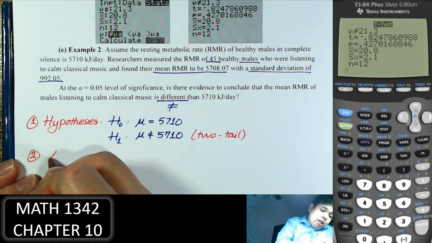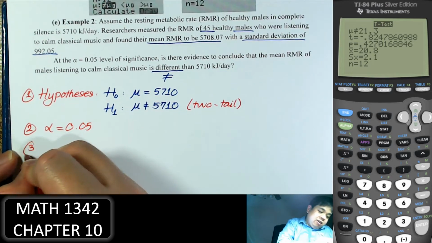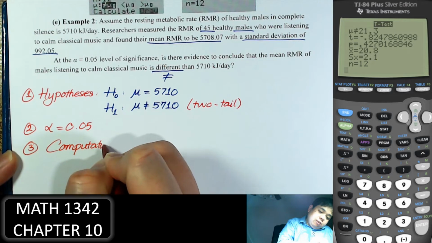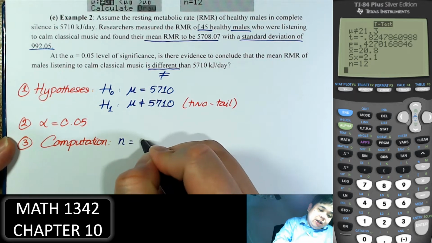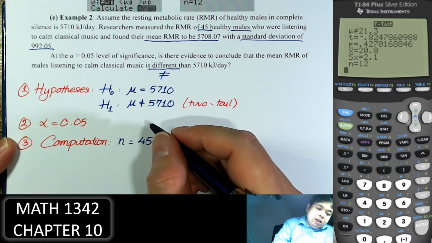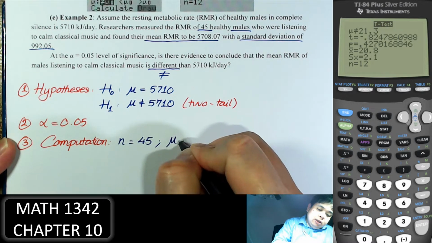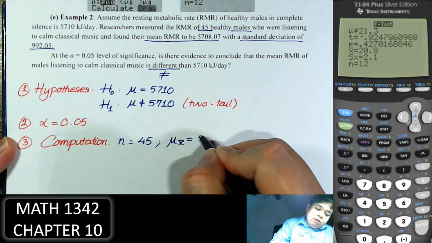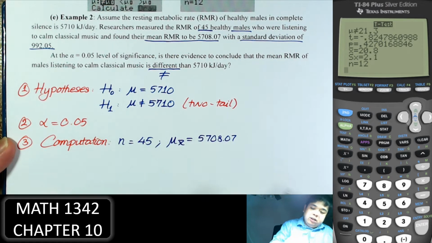Number 2 is alpha 0.05. Just keep this in the back pocket. Next, the computation. What we have is n is 45, and the mean is 5708.07.